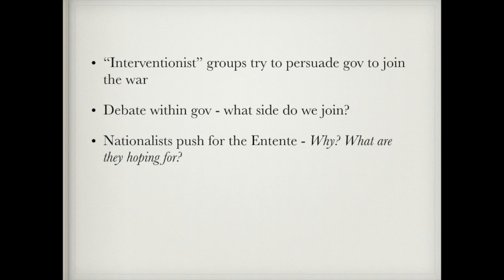Much the same way that when Japan joins World War I, they look at both sides and look at what's known as the tale of the tape. Who on paper looks like they're going to win this thing? Italy's going to do the same thing. They're going to figure that the Entente has a better chance in this war.